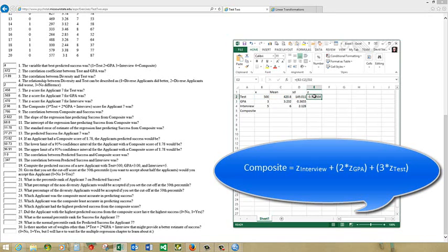All right, so those are our 3 z-scores. So we've converted these x scores into z-scores. Now we've got to find a composite.